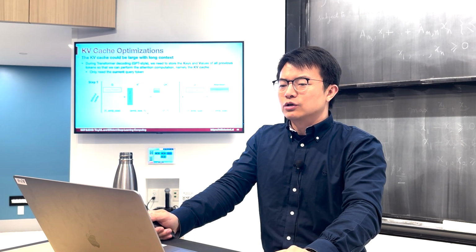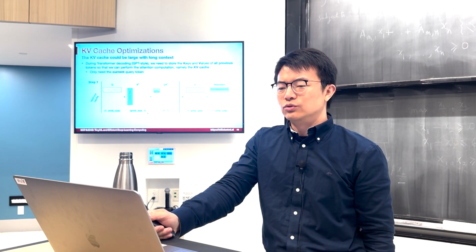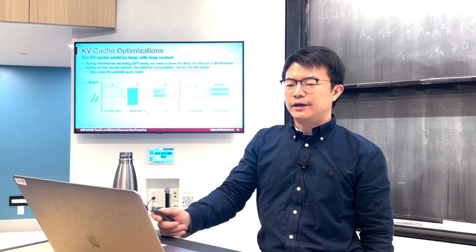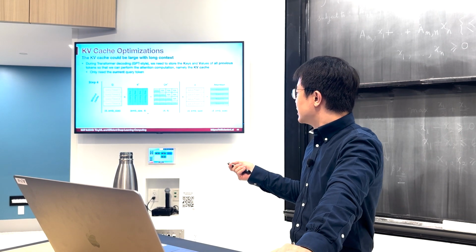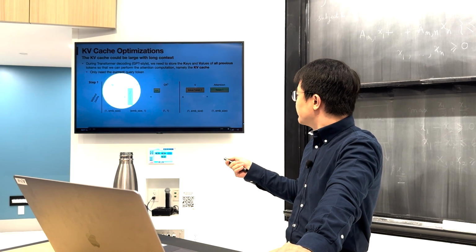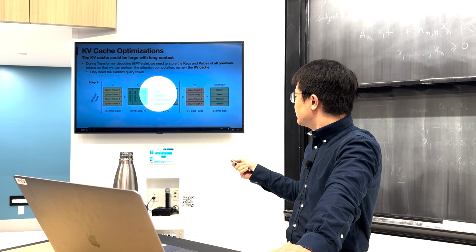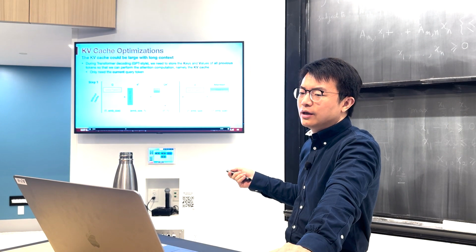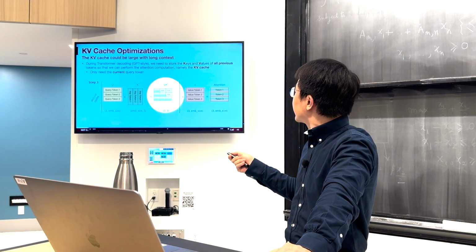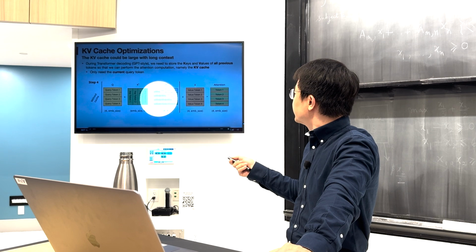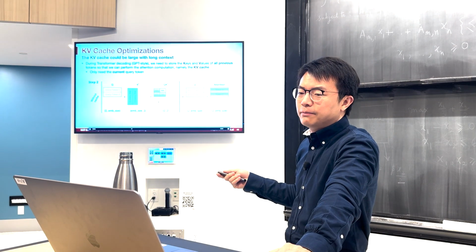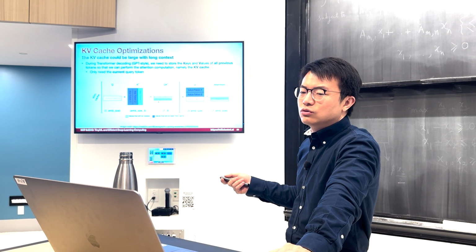Originally, if we don't have a KV cache, we need to recompute each time. Here we have 4 tokens, and each time we have to compute everything: Q1 with K1, Q2 with K1, Q2 with K2, Q3 with K1, etc. With a KV cache, we don't need to recompute.